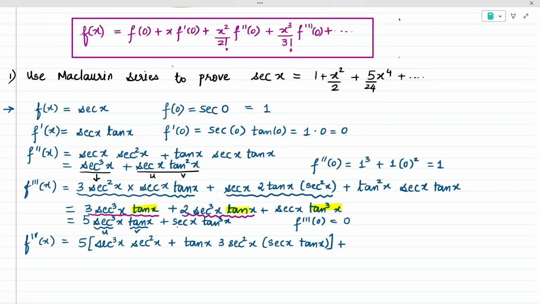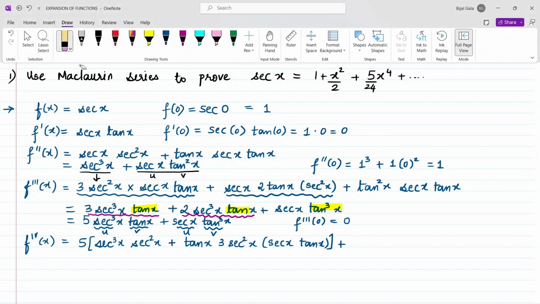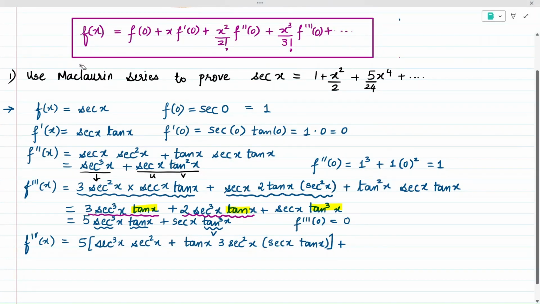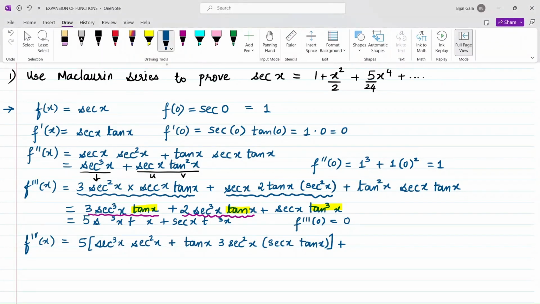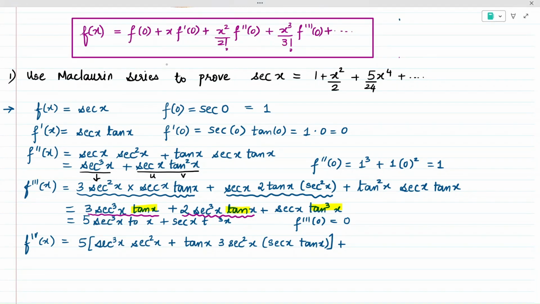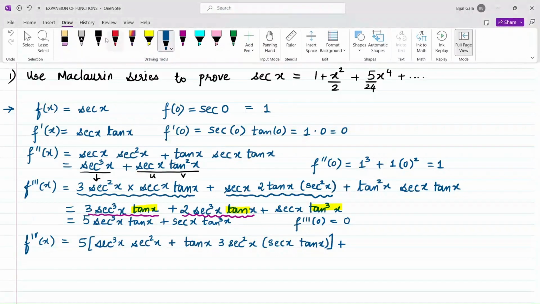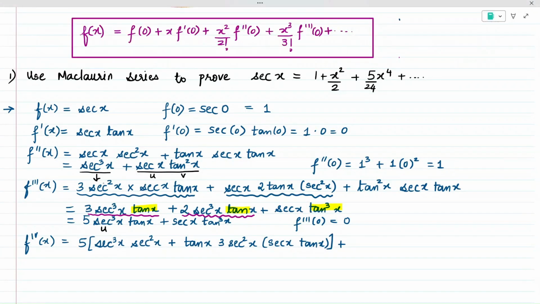Plus again u and v. Okay. Let me use a different color so that it's not creating any kind of confusion. Okay, this is sec cube, this is tan x, this is tan cube. So this was my u here, this is a v, this is again u, this is again v.